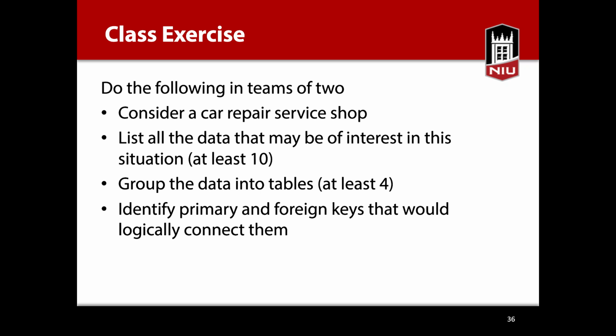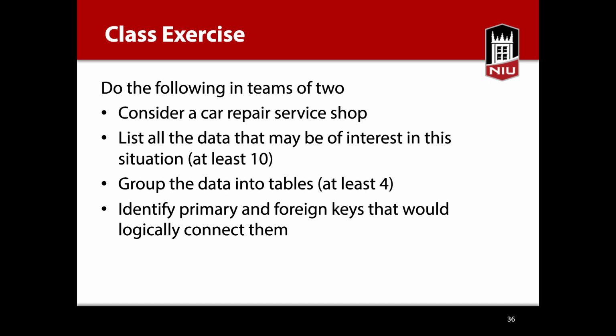So just kind of an exercise. I know you guys aren't together, so try to do this on your own, where you think about a car auto shop and write down a few subject areas or a few entities. Maybe it's cars in service. Maybe it's customer.